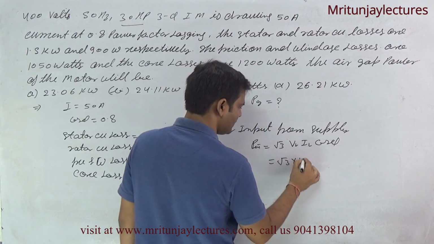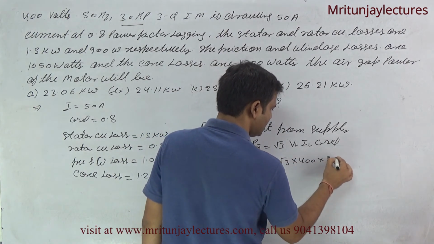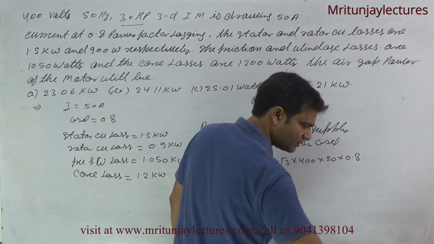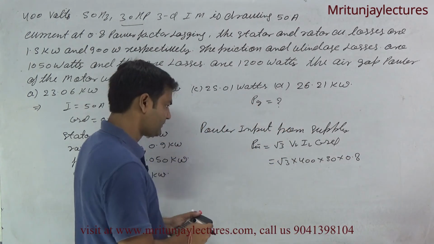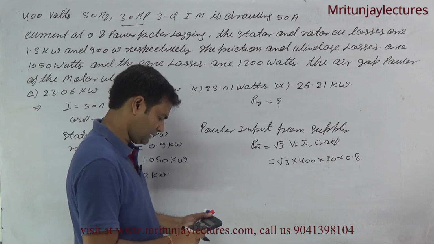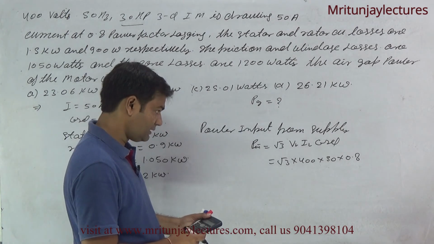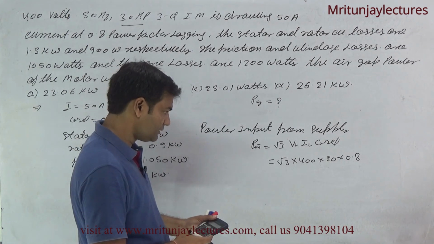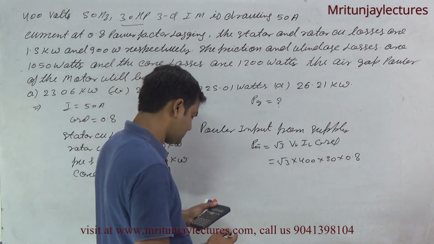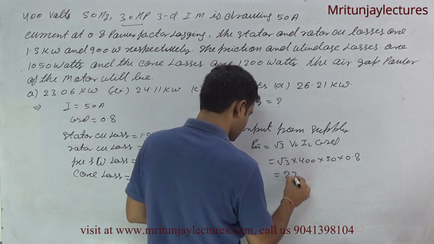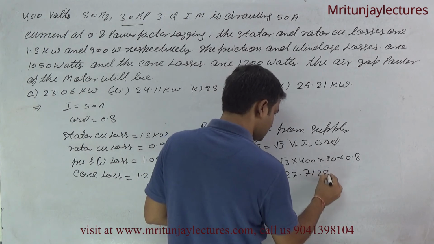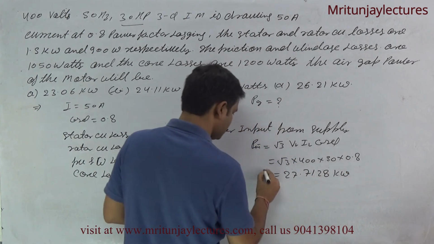VL is 400, IL is 50 and cos phi is 0.8. So finally we got √3 into 400 into 50 into 0.8, which is 27.7128 kilowatt. Clear? That is P input.